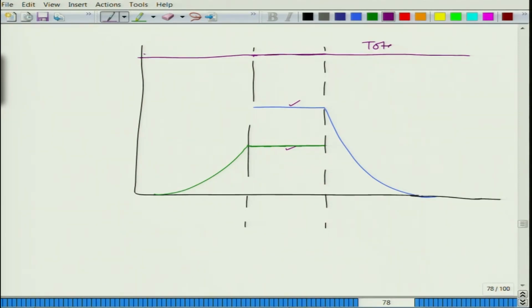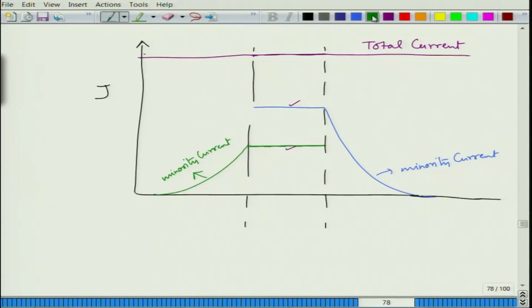So, this is total current, and this is minority current, and this one is also minority current. Here we are plotting J, and different plots will give you different J. Now, what we are left with is the majority current. Majority current does not apply for the space charge region, right.